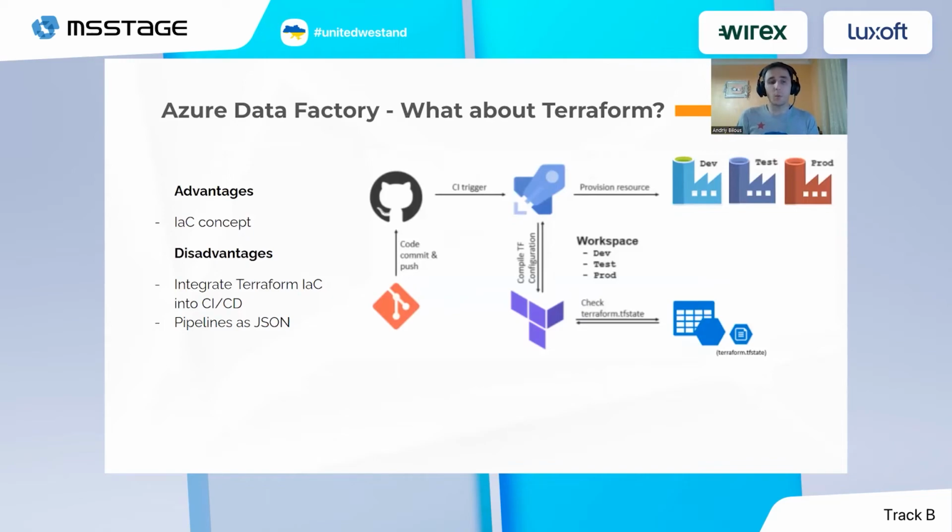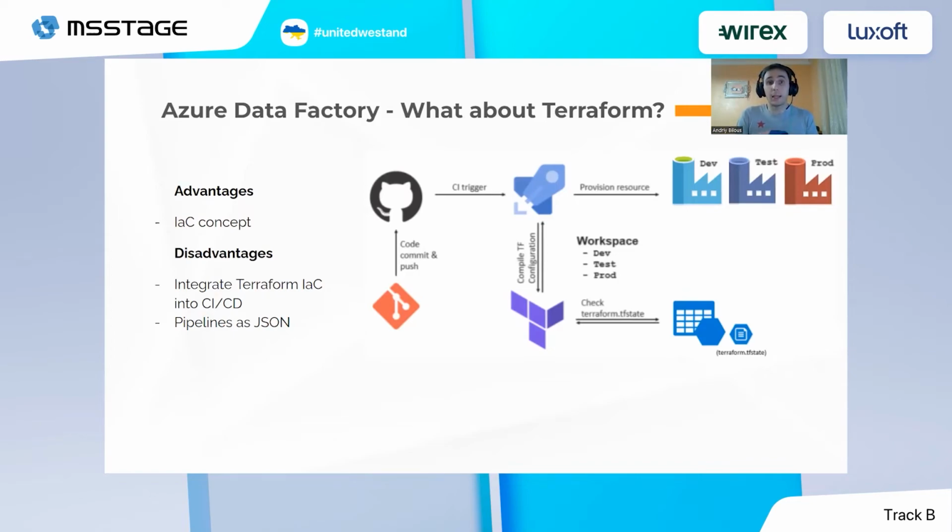But there are some challenges with this. Why? Because you have to integrate Terraform into the approach that Microsoft recommends. For example, you will still need to define your pipelines as JSONs. If you look at the pipeline Terraform module, you'll see that the configuration is simply JSON.